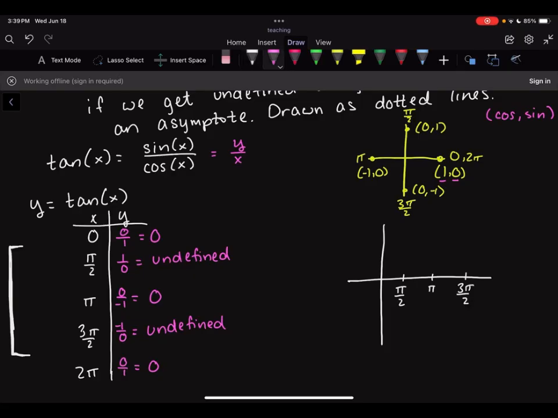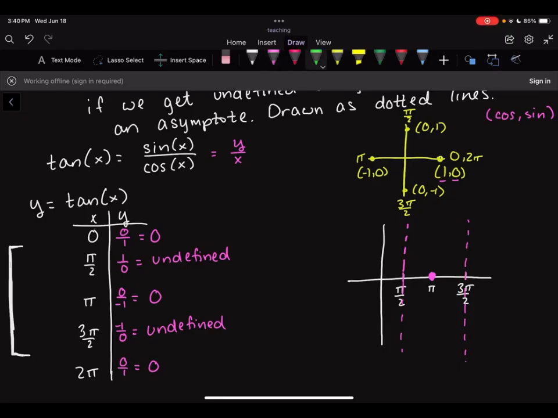I know that I have asymptotes at pi over 2 and 3 pi over 2. That's because it says undefined right there, so that's where I have an asymptote. Problem is, if I plot this 0 here, it doesn't really help me with the shape at all. I don't know how I'm supposed to make the shape look.